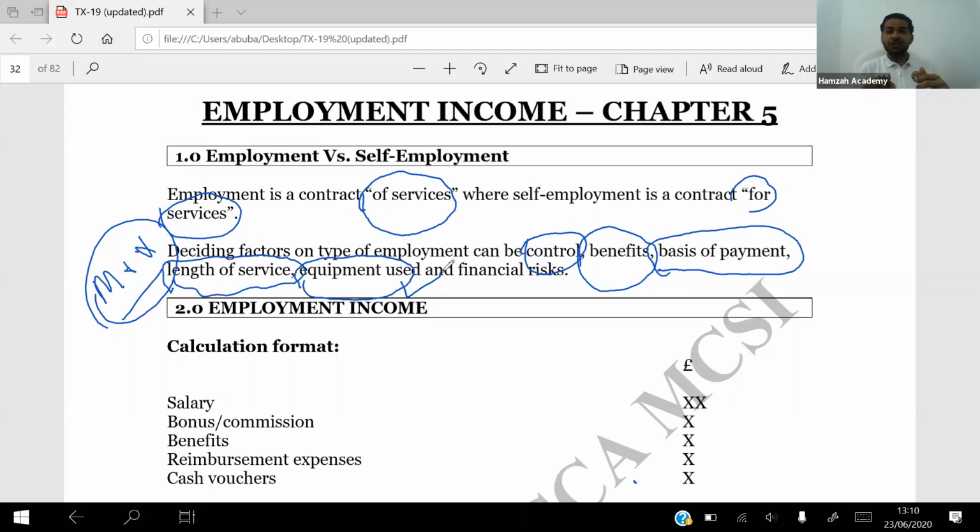Second is the financial risks involved, the last part. Financial risk is about who is going to own the liability, or the risks, or the profit or losses of that venture.